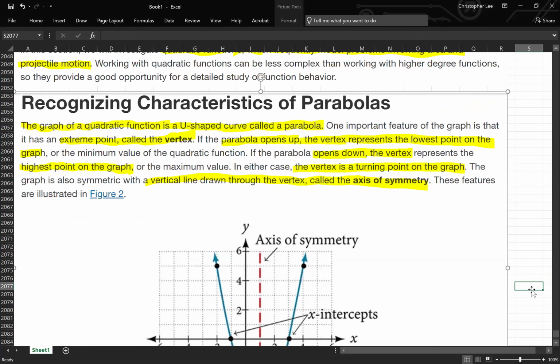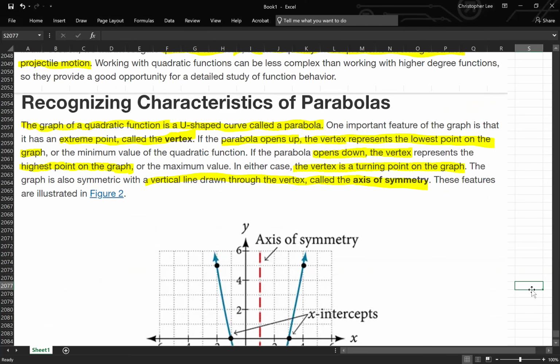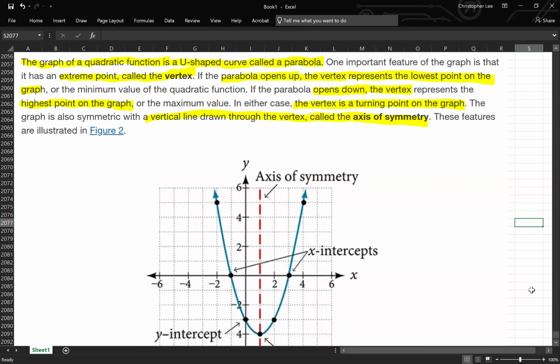First things first, recognizing characteristics of parabolas. The graph of a quadratic function is a U-shaped curve called a parabola. One important feature of the graph is that it has an extreme point called a vertex. If the parabola opens up like a cup, then the vertex represents the lowest point on the graph, or the minimum value of the quadratic function.